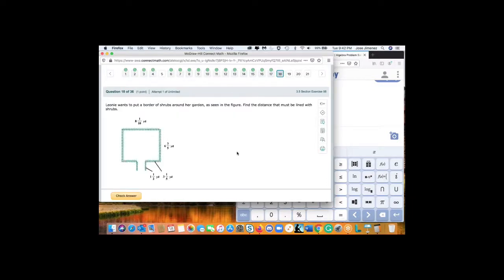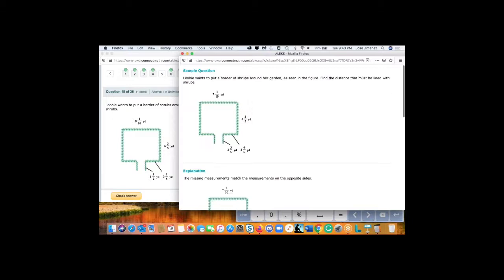This is one of the problems that some students asked me how to do. All right. Well, if you do it by hand, you have to separate the whole numbers and add all the whole numbers, the easy part, and then separate the fractions and add all the fractions, and that's the tricky part.